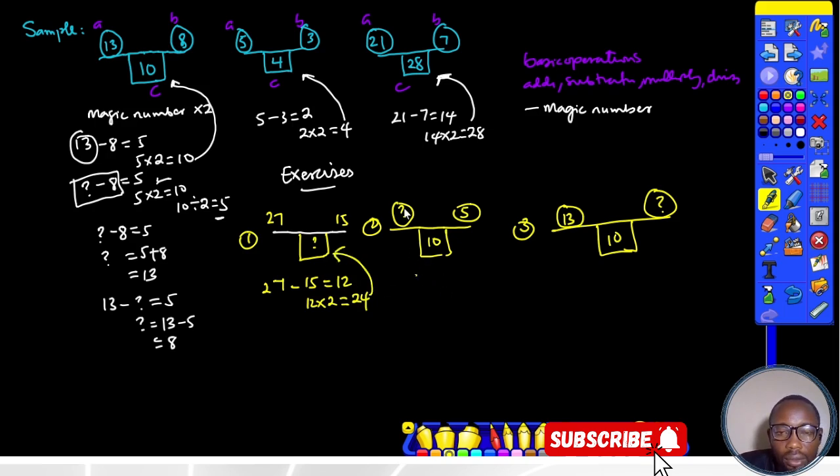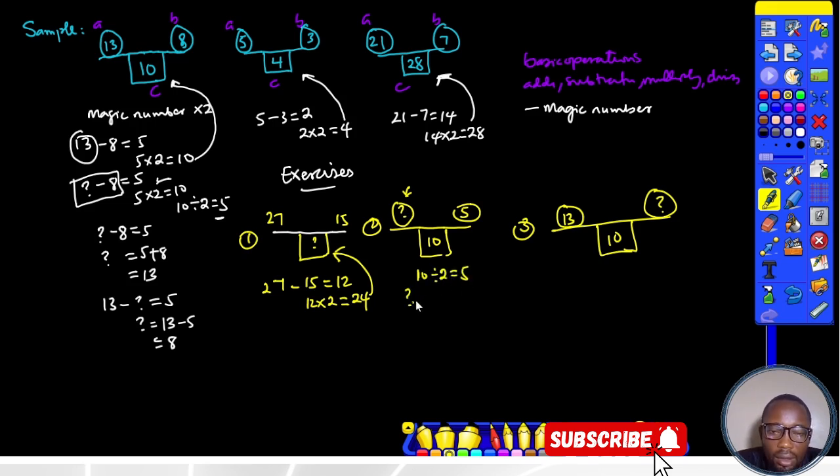Number 2, this part is missing, but I know that if I subtract 5 from this number, I'm supposed to have a number that when I multiply it by 2, I will get a 10. So that number should be what I get when I do 10 divided by 2. I should have 5.